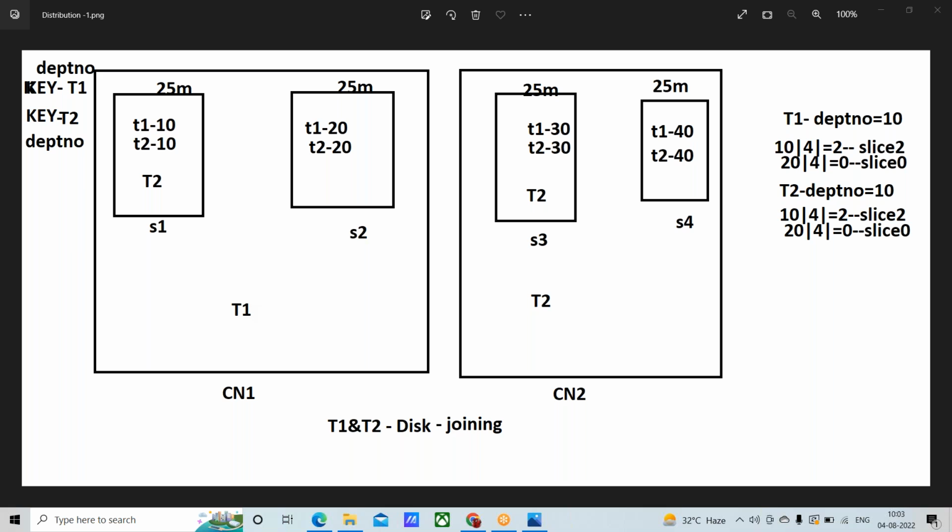If it is distributed based on some unique column which is not used in the join, it may be present in some slice, but the other table's joining column may be present in some other slice. Then how do you join?